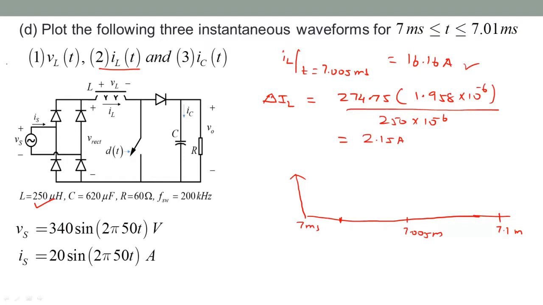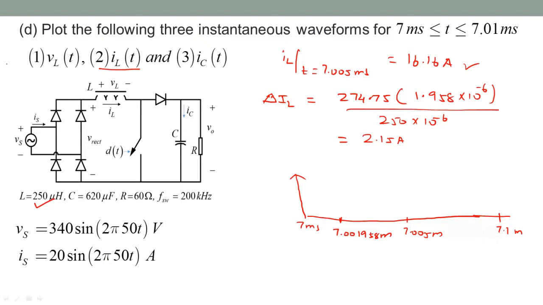I think I forgot to write this in the previous waveform, but I'll do it here. So this is 7 millisecond plus that 1.958 microsecond. Okay, so this is nothing but 7 millisecond plus DTs, which is the 1.958 microsecond.